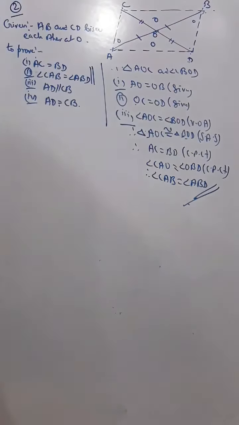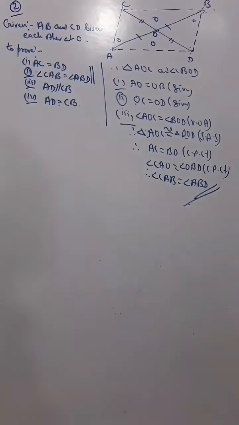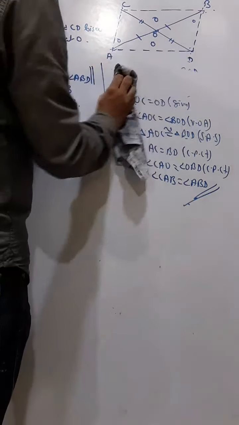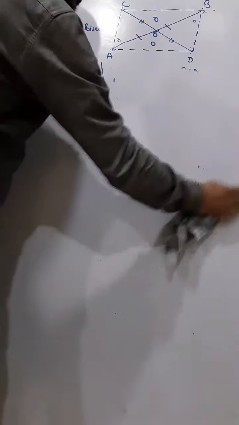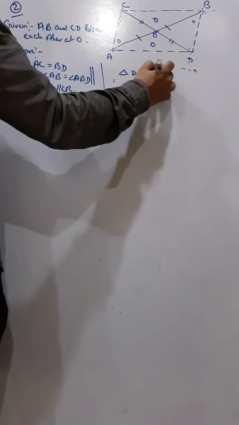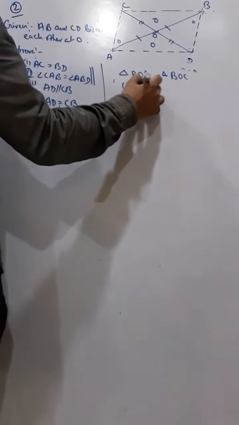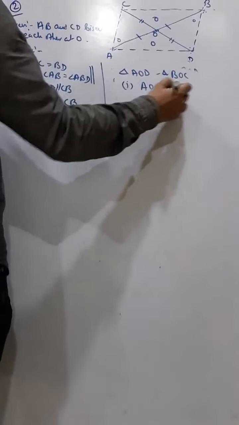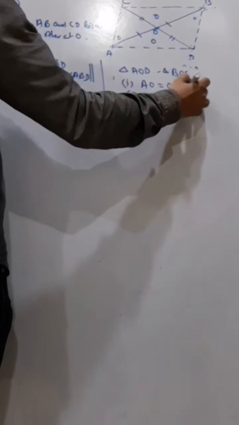And now for the next two, we have to prove these two triangles congruent. Okay. So again I'll take the next two triangles. In triangle AOD and triangle BOC, what do you get? Number one, similarly AO equals OB, given.